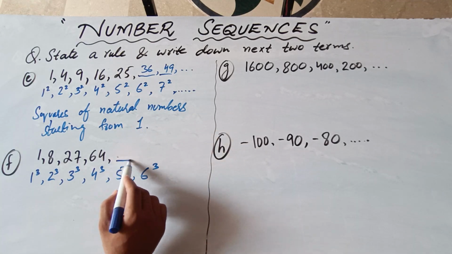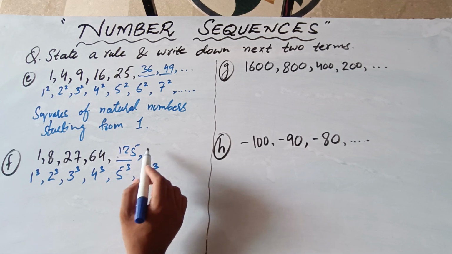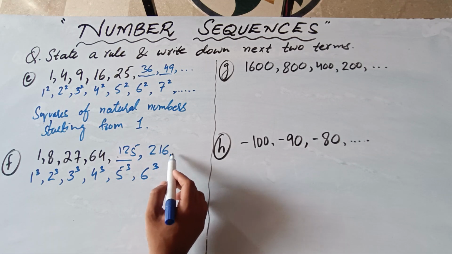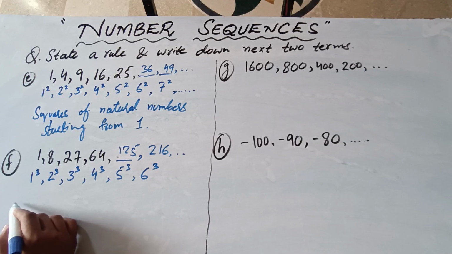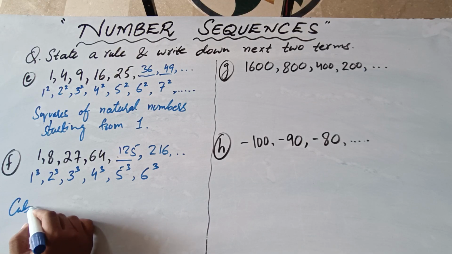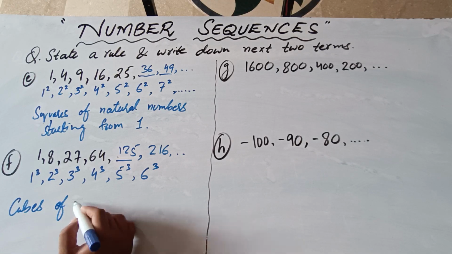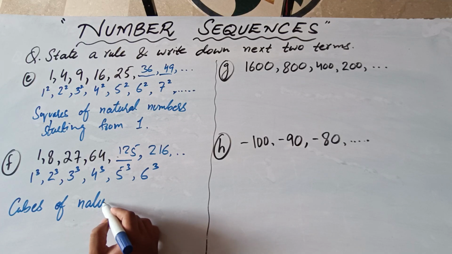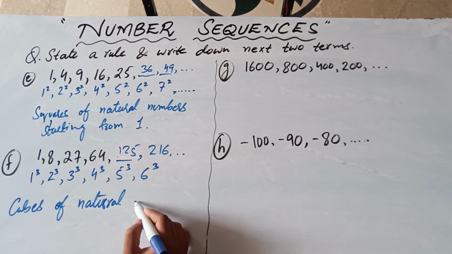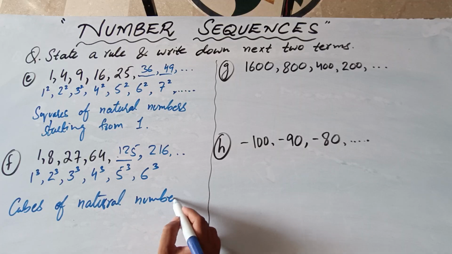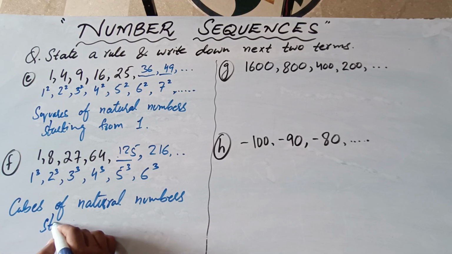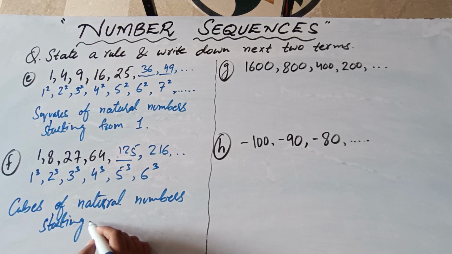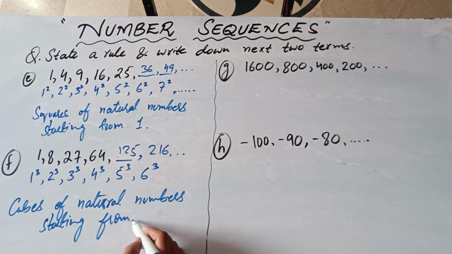So cube of 5 would be 125 and the cube of 6 would be 216 and so on. So, cubes of natural numbers starting from 1. I hope you are understanding, starting from 1.